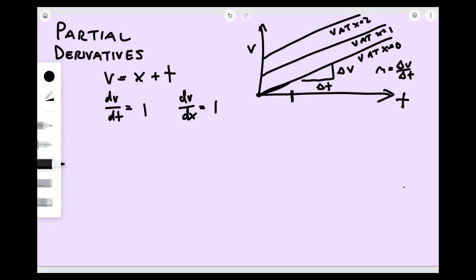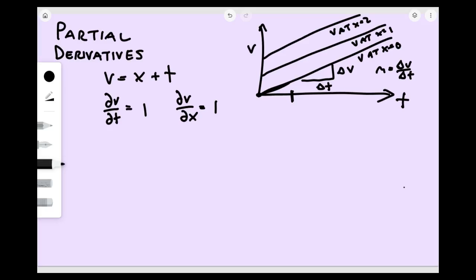So we're playing by the same rules. In the first case, we took dv dt and we held x constant. In the second case, we took dv dx and we held t constant. That's following the rules of partial derivatives. It's often written ∂v/∂t equals 1 in this case, and ∂v/∂x equals 1 in the other case.